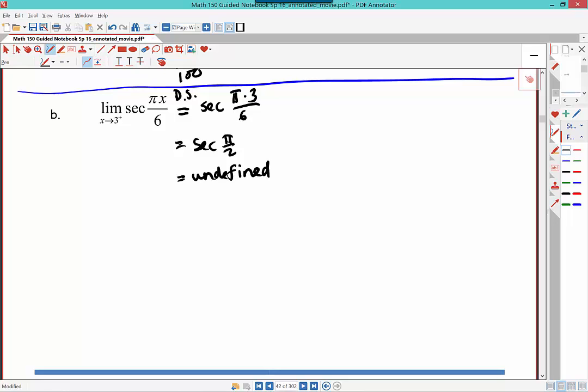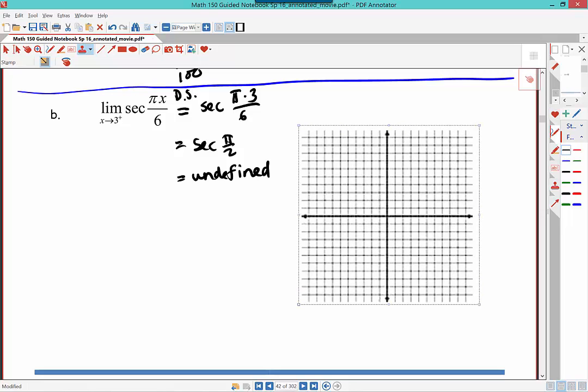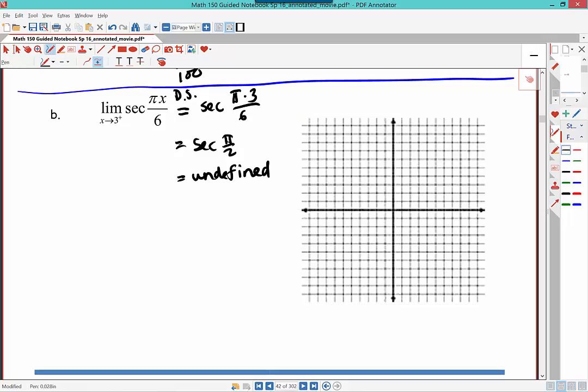So a graph is useful when you're working with something like this. And I typically just always do the graphs for the sine and the cosine function, and then I get their reciprocal functions from there.